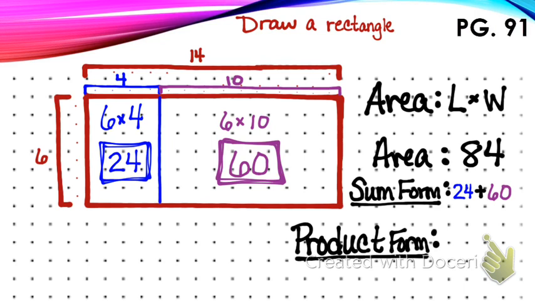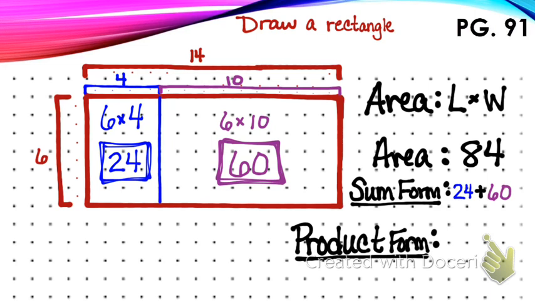Product form. For product form, I'm going to write down what I was just multiplying together. So I did 6 times this side, right? And this side is made up of 4 units together with 10 units.